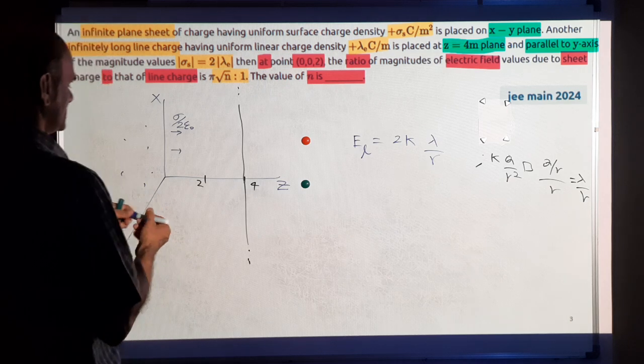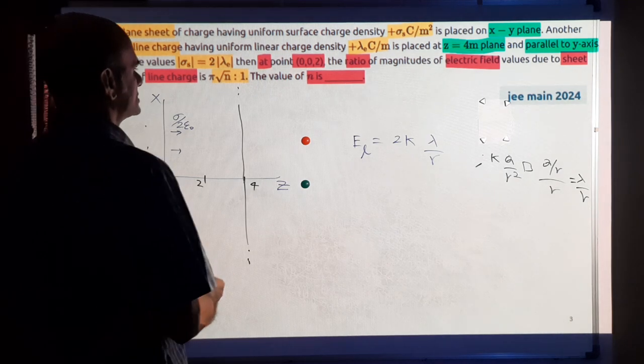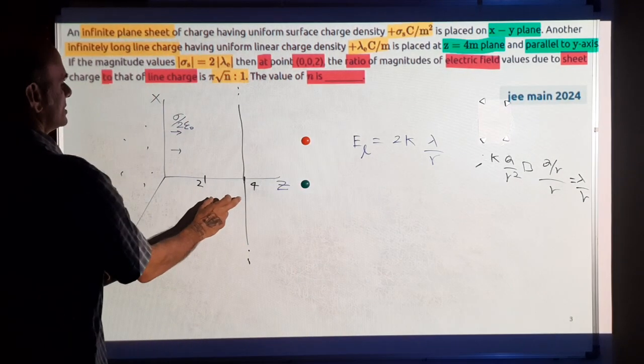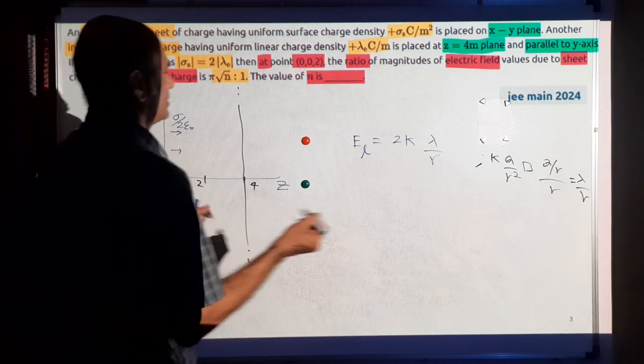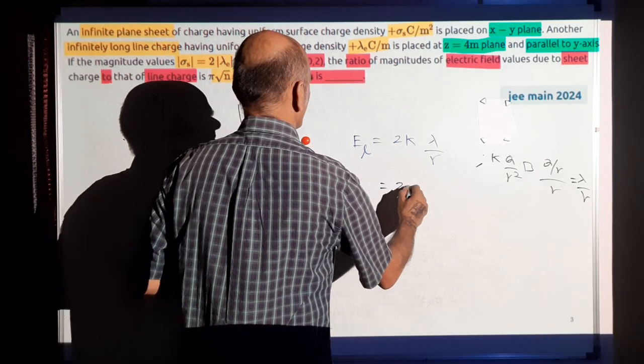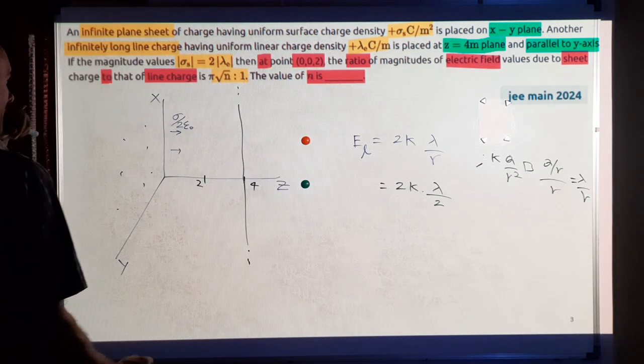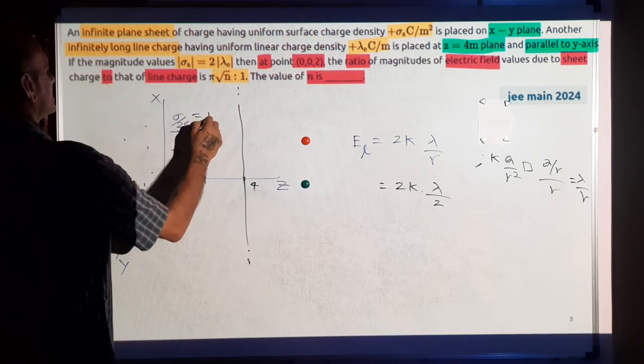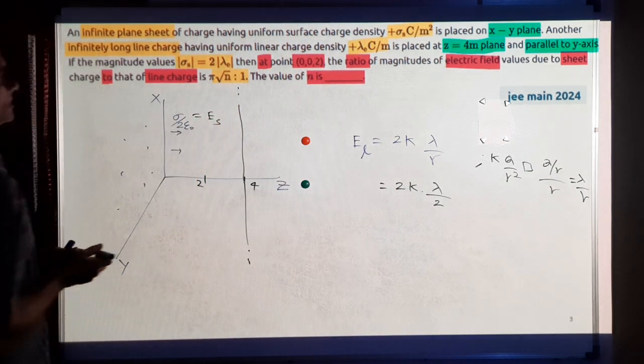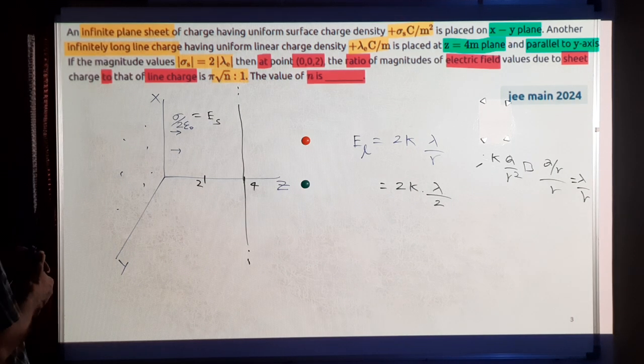So the electric field due to line charge in this particular case at a distance r from the source, which is 2 here, is 2k into lambda by 2, and the electric field due to the sheet is sigma by 2 epsilon naught.